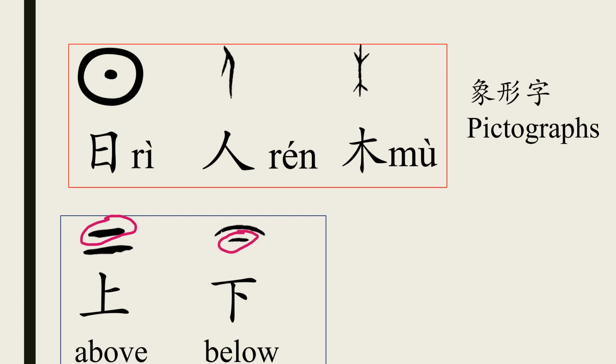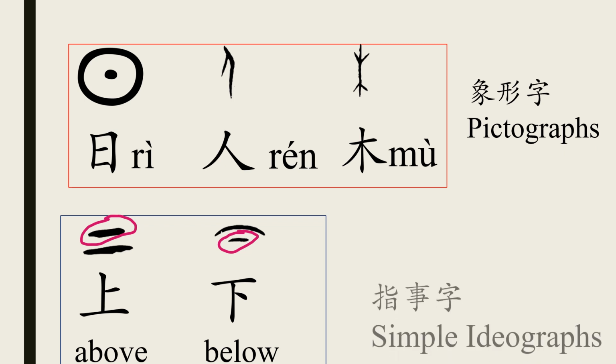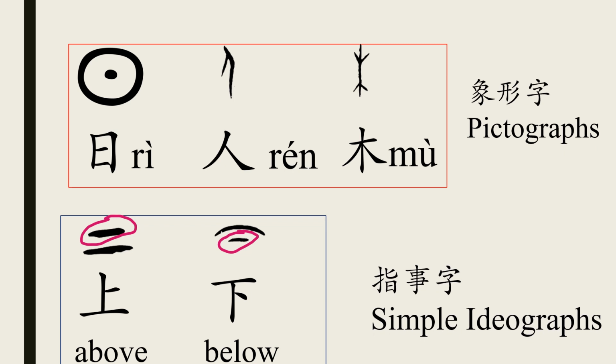When the line is below the horizontal line, it is 下, below. These kinds of characters are called simple ideographs. Pictographs and simple ideographs are the basic elements for Chinese characters, and most of them are single characters.